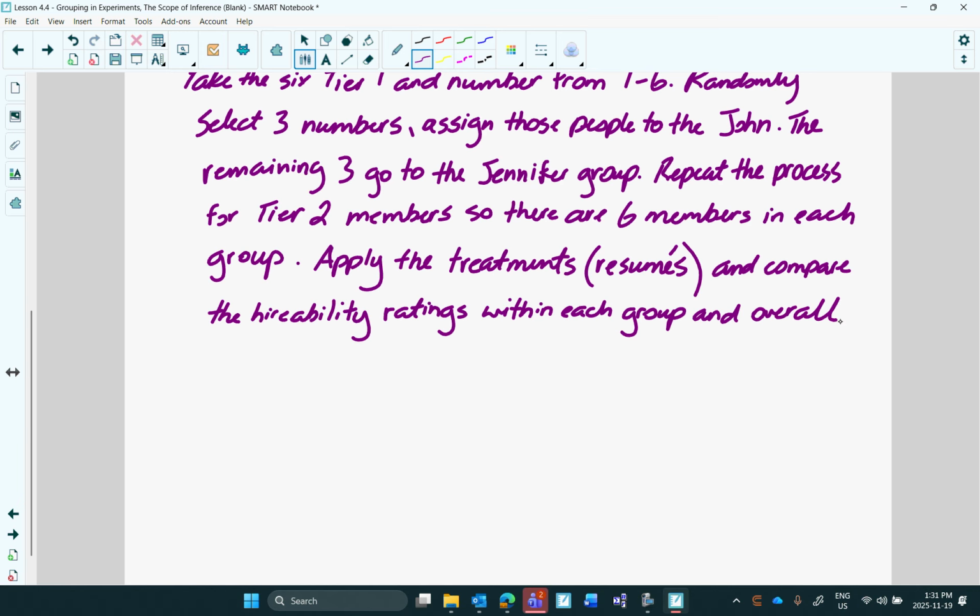So we see what's happening overall. We want to see what's happening within the tier 1s and within the tier 2s. And then hopefully out of comparing all of that, we can make some sort of conclusion or not. So that's a randomized block design.